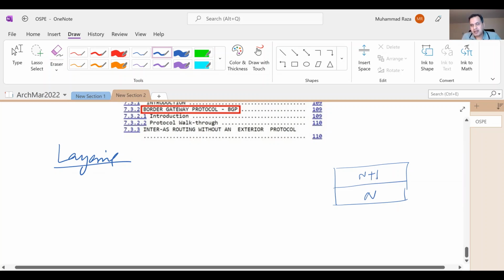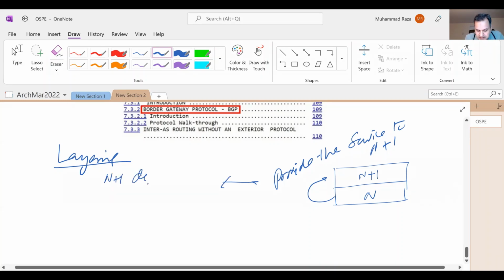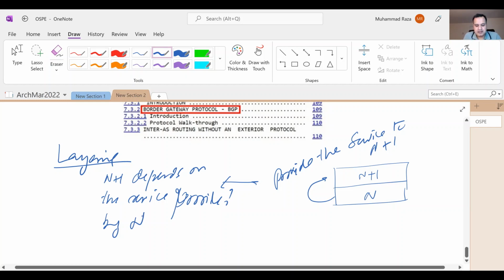Layer n provides the service to n+1. The other way to say it is that n+1 depends on the service provided by layer n, right? You have studied that in physical and data link.